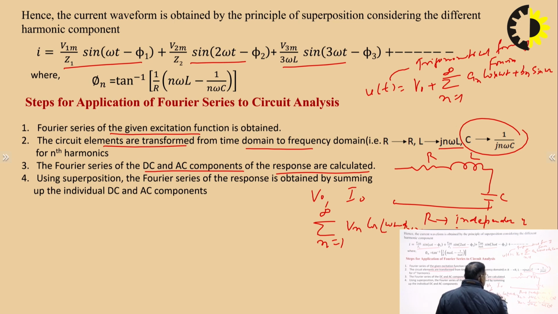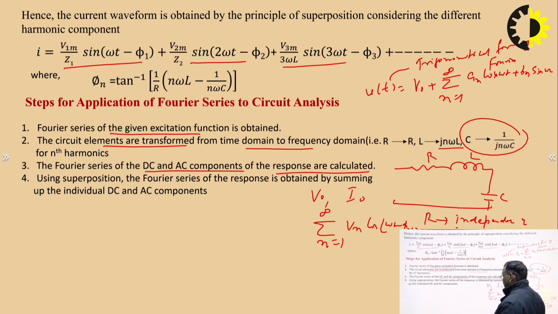So this is the cosine form of the Fourier series. The Fourier series can be represented in three forms: trigonometrical form, cosine form, and exponential form. Each format of representation of the Fourier series has relative advantages and disadvantages.